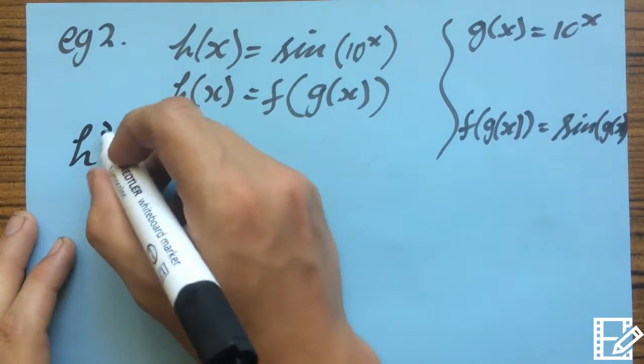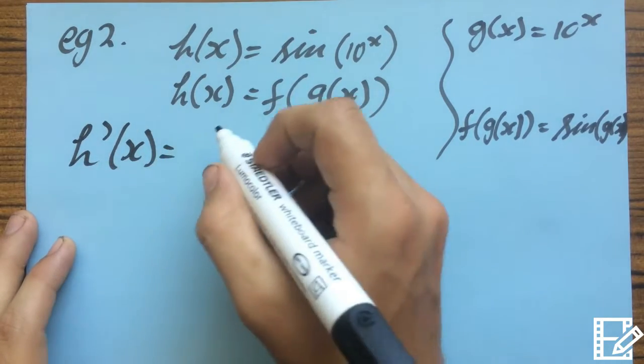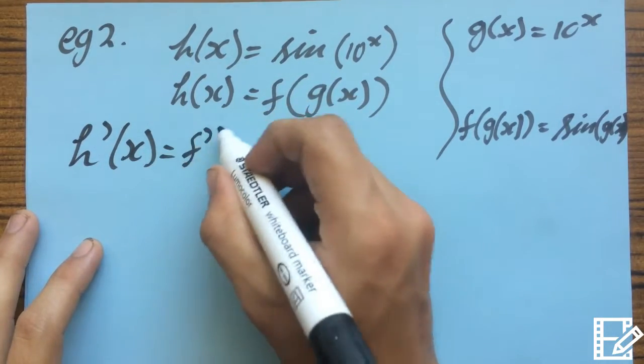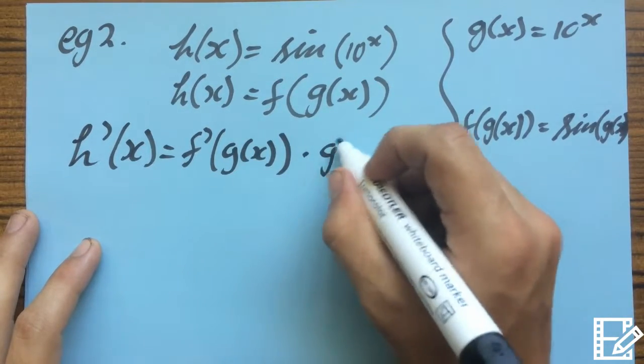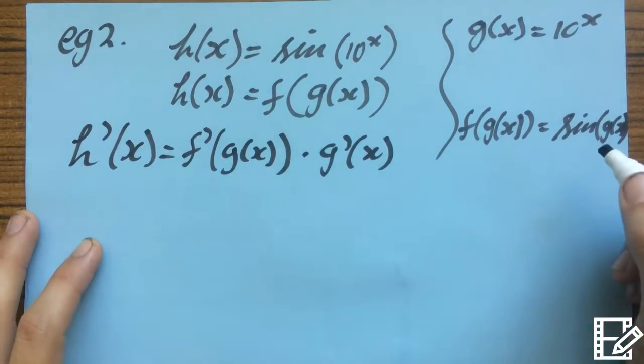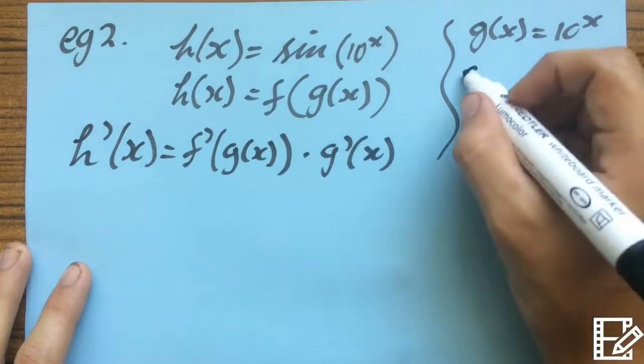And now, if we write the formula, the derivative of h(x) is the derivative of f with respect to g(x) multiplied by the derivative of g(x). So, find the derivative of g(x).